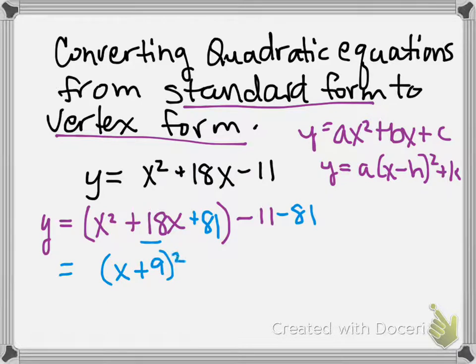Again, it's a perfect square, so we know how it's going to factor. And we combine c with the negative 81, and that's negative 92. So now this is in vertex form, and we know that the vertex would be at negative 9, negative 92.